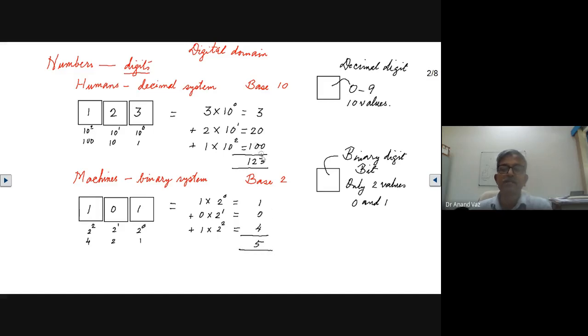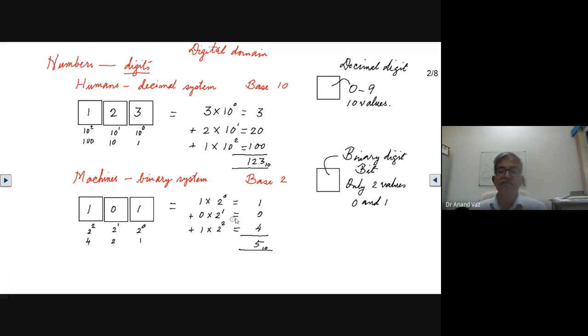Now these additions which we did, they were in the decimal domain. So I'm going to put a small suffix here, 10. Here also a small suffix. This addition is in the decimal domain. But this representation 101, it is in the binary domain.